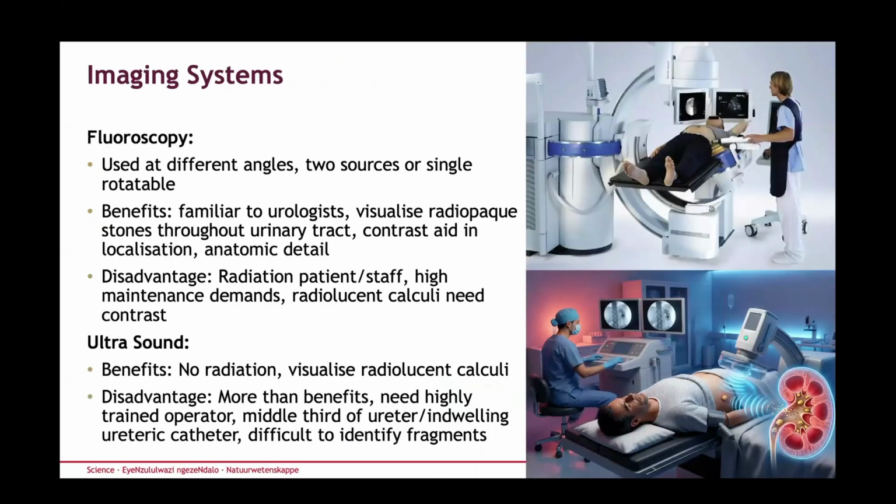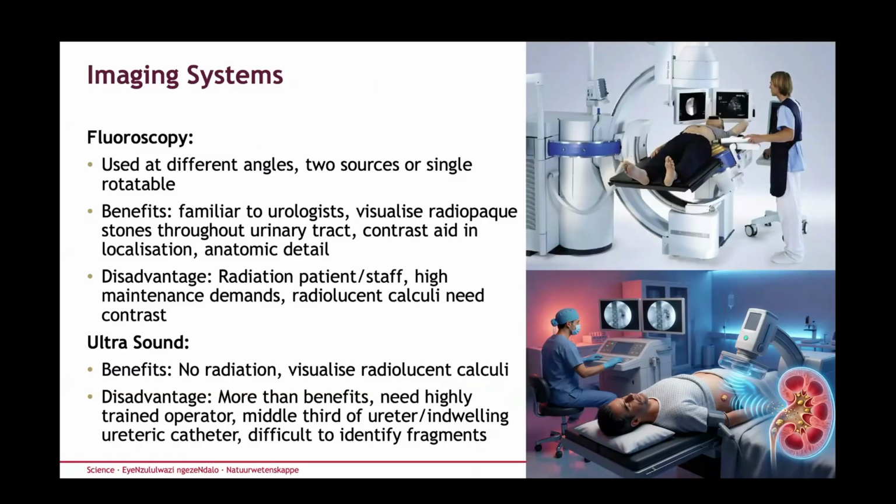Looking at your imaging systems, commonly fluoroscopy and ultrasound or a combination of the two is used. Fluoroscopy is used at different angles. It can be either from two different sources or from a single source that is rotated. The benefit is that it is familiar to urologists.